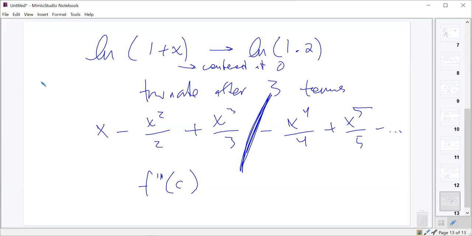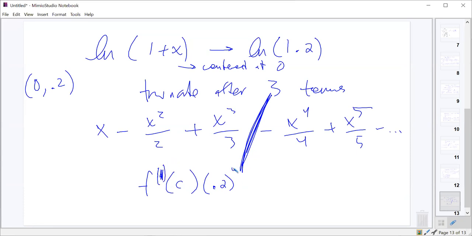So we're looking at the interval between 0 and 0.2. So f triple prime of c times x minus a, which should be 0.2, right? x is 0.2 and a is 0. Sorry, I screwed that up. This should not be a third derivative because we've truncated after 3 terms. This should be the 4th derivative.